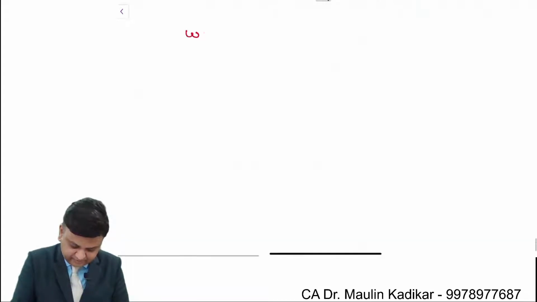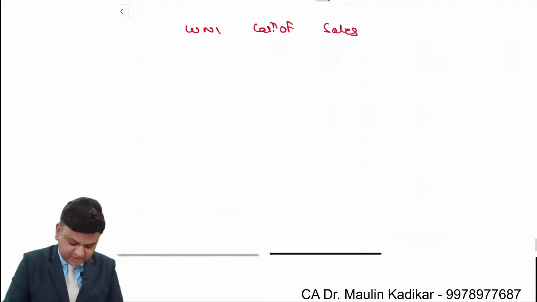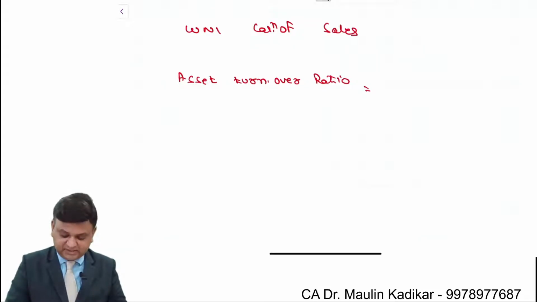Working note number 1. Calculation of sales. Friends, we have learnt a formula called asset turnover ratio. It is calculated as sales upon assets.